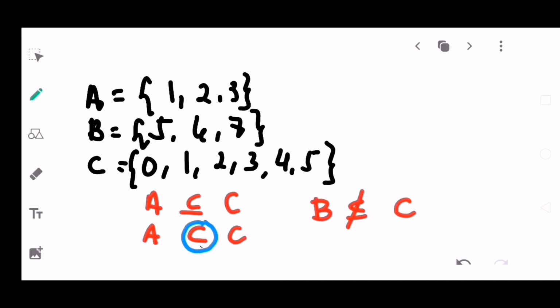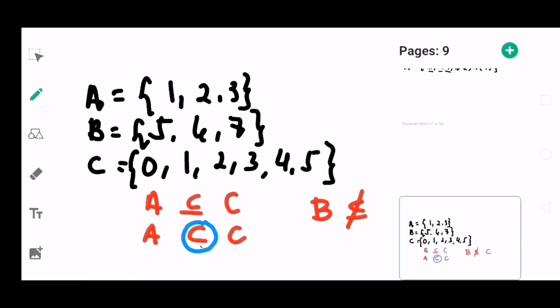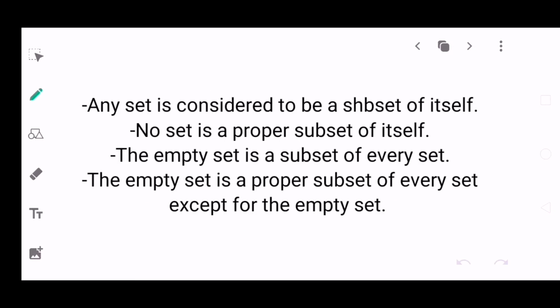Now there are still things that we need to remember about sets. So here are the following. First one is, any set is considered to be a subset of itself, or A is a subset of A. No set is a proper subset of itself.